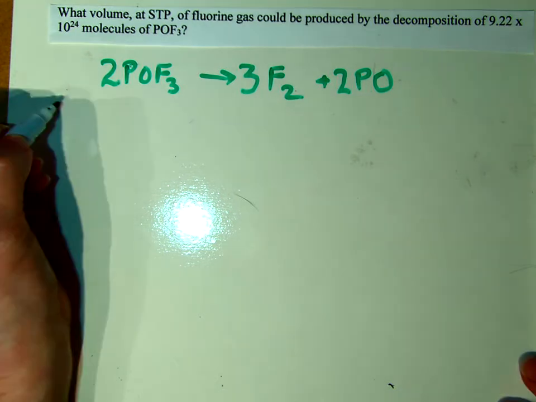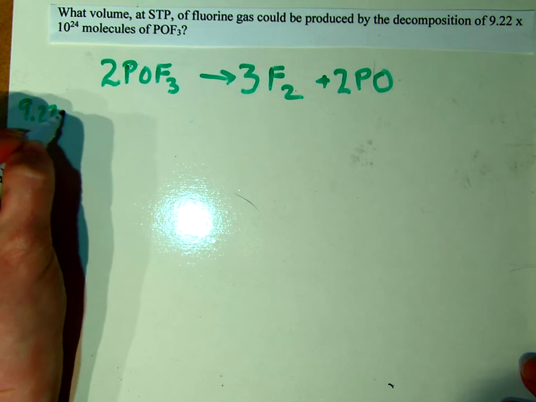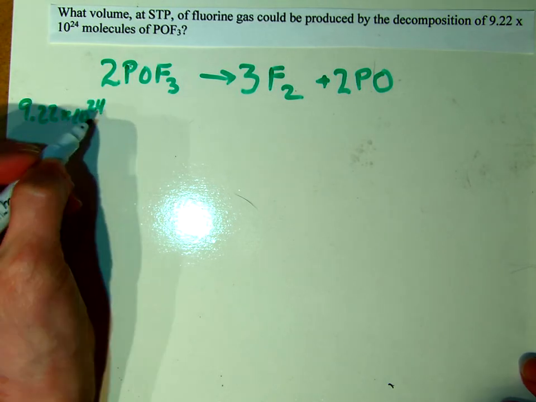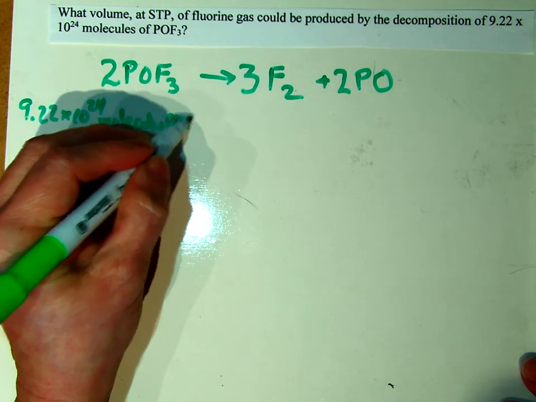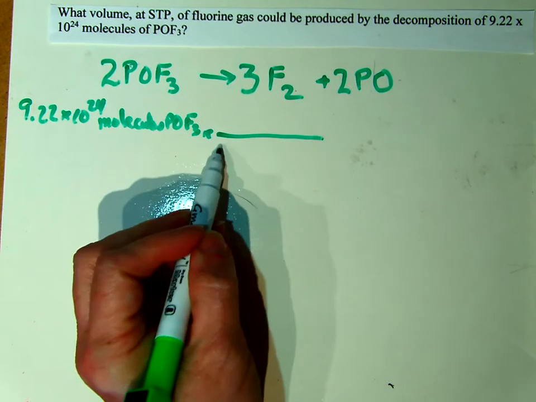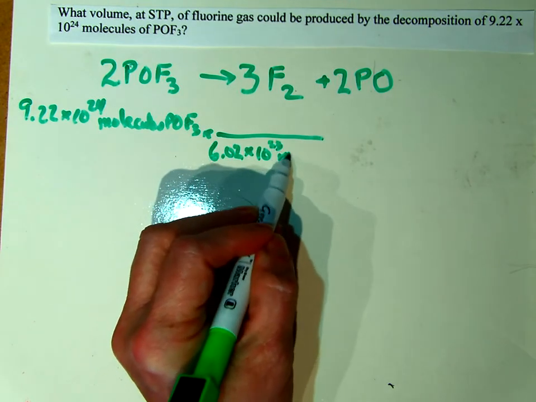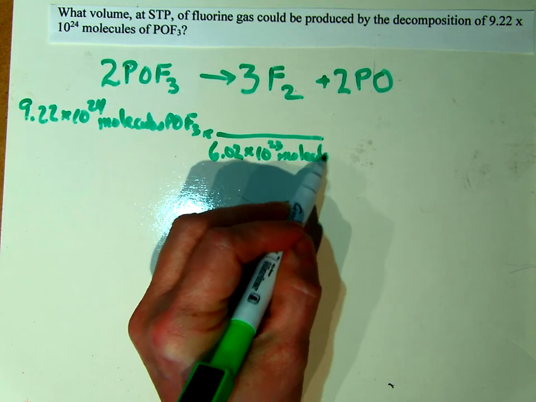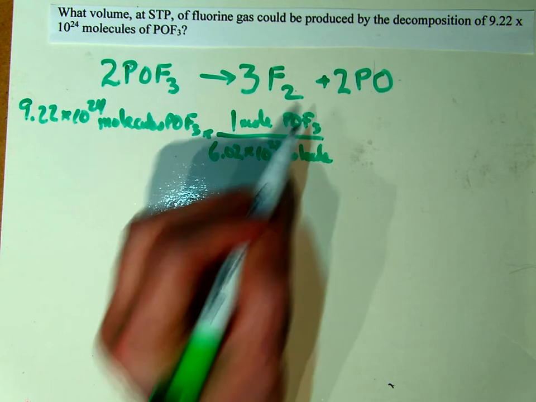Okay, so now we're going to start out with our 9.22 times 10 to the 24th molecules of POF3. And again, you need to convert it to moles. And we know there's 6.02 times 10 to the 23rd molecules per 1 mole of POF3.